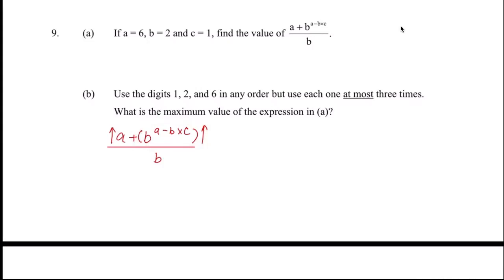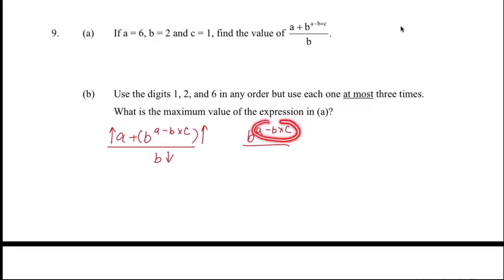And with the same logic, with a smaller B, the bigger the fraction will be, right? But if we look closer at the expression, we have this exponent here. For this exponent, we need to make sure that this part should also be the biggest, right?